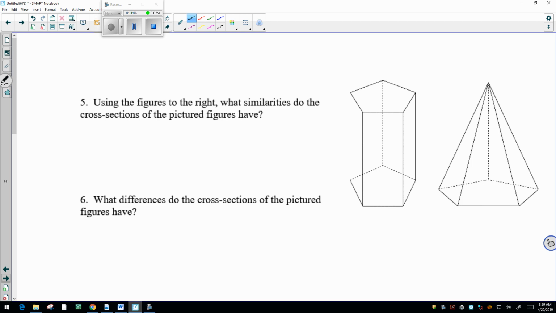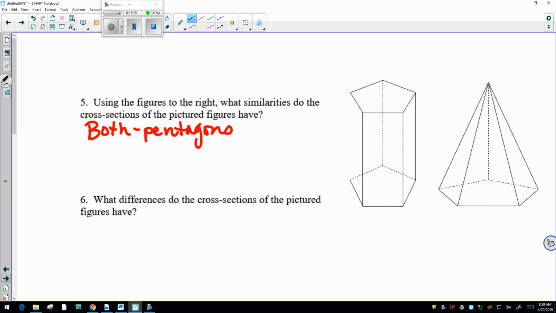Well, a cross-section is always taken parallel to the base. And if it's parallel to the base, it's going to take on the shape of the base. So since both of them have pentagons for bases, that means both of their cross-sections would be pentagons. They would definitely be similar in the fact that they're pentagons.